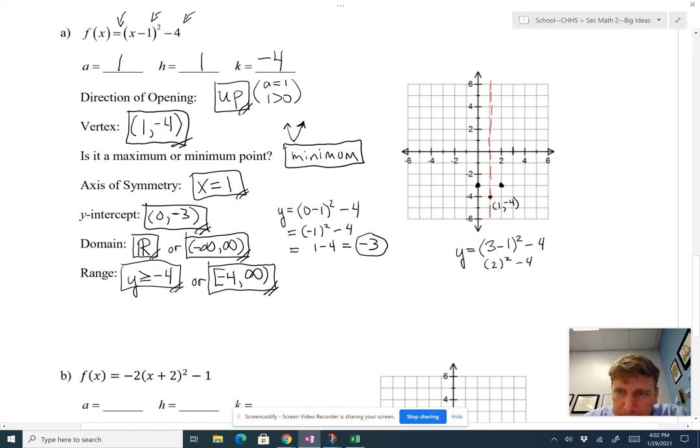And 2 squared is 4. And 4 minus 4 then is 0. So at 3, we're at 0. We found one of the x-intercepts. And notice that it's 2 units away from the axis of symmetry. So then we can go 2 units on the other side, and then we have another point. Let's also see what happens at 4.